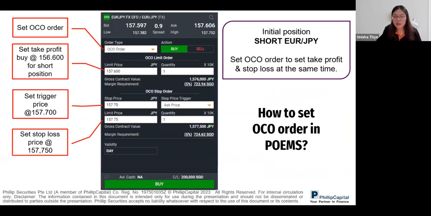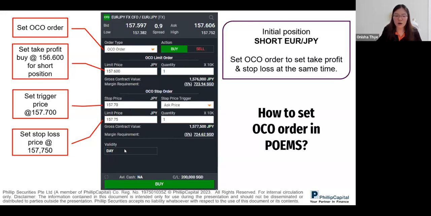So let's say the trigger price is reached, but not the stop price. Technically the stop price is the trigger price, as you can see here. This stop price is the trigger price for you to submit your limit price. So if this stop price is not triggered, your order will still remain valid, but only for the day.